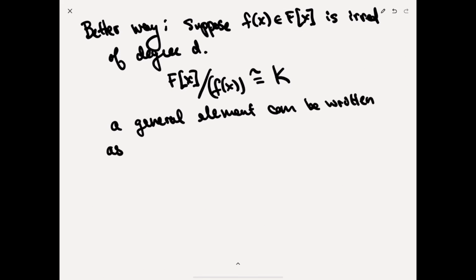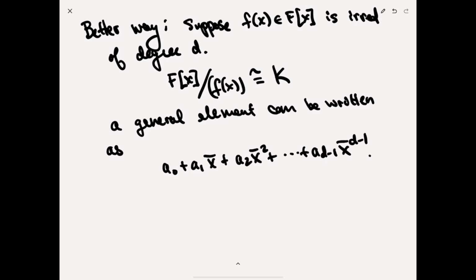I'm going to use the bar notation: a0 plus a1 x bar plus a2 x bar squared plus dot dot dot plus a d minus 1 x bar to the d minus 1.